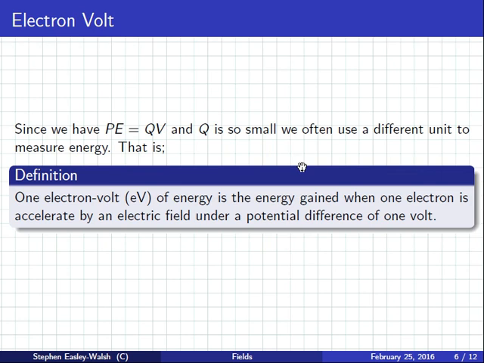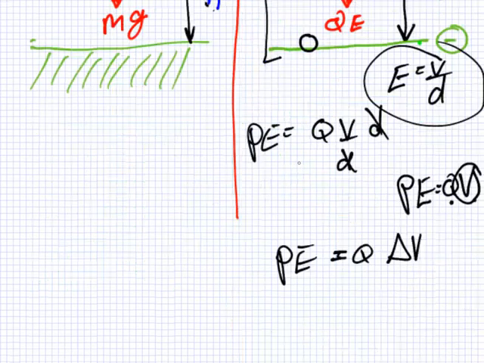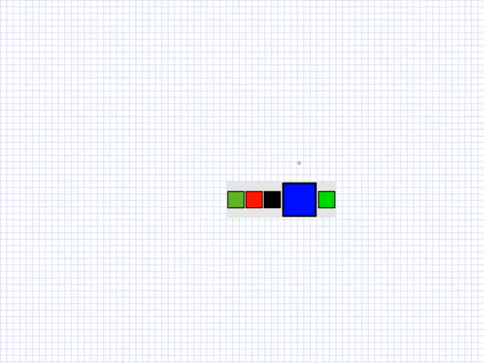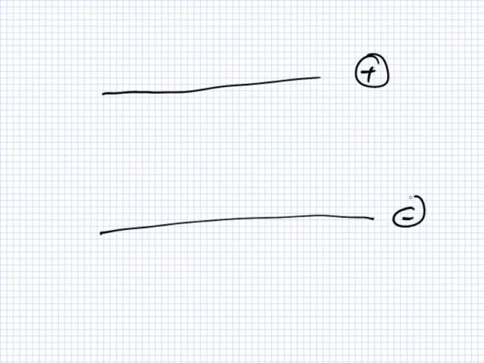Now wait, before you write that down, I just want to draw what that means, okay? So if you look here, this is a positive plate, this is a negative plate, and if I stick an electron right here, what will happen to it? It will move up and strike this with kinetic energy. So this means here it had potential energy.